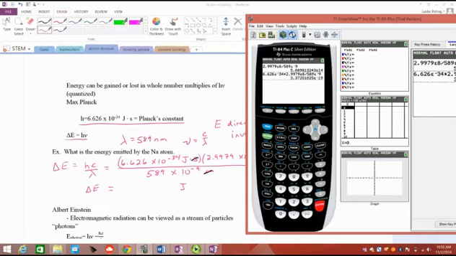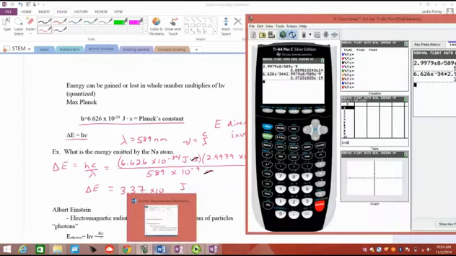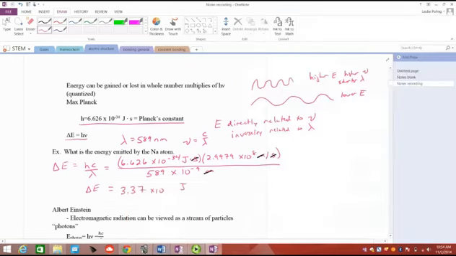And there we go. We have that our delta E is 3.37 times 10 to the, let's go look back at the calculator and figure out what the power is, negative 19. And our unit is in joules.